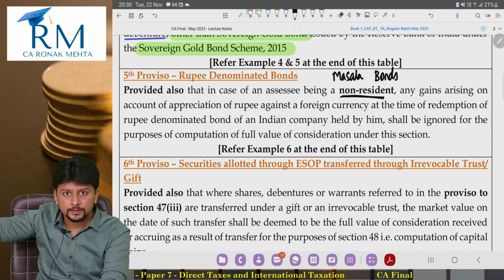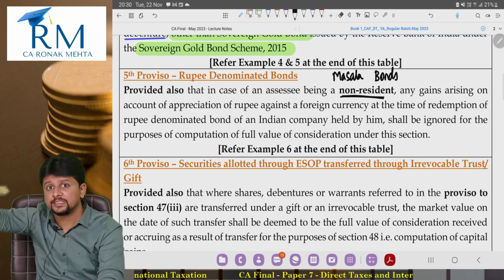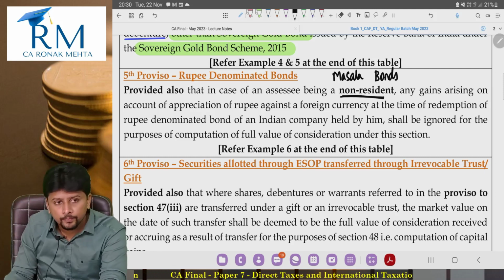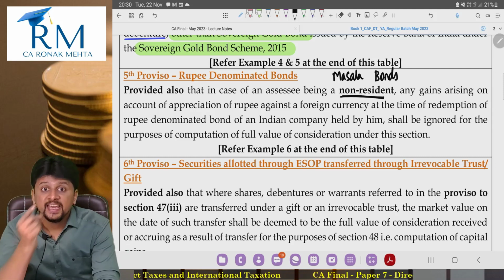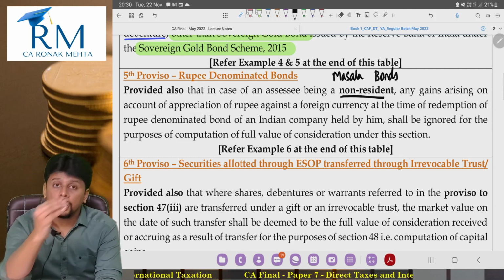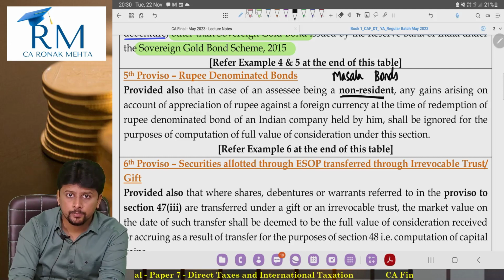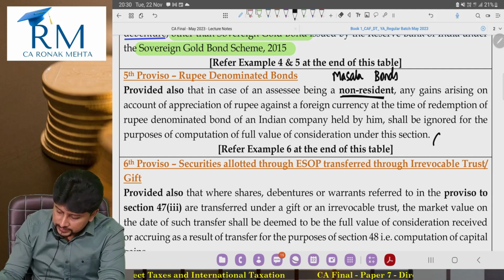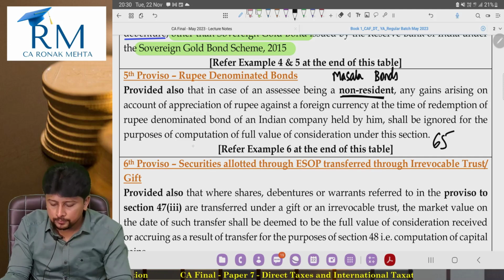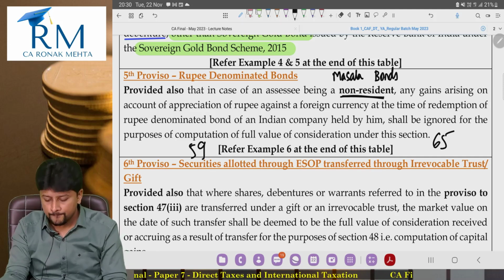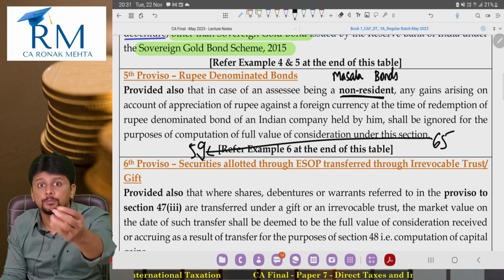When redemption happens, $1 has become 70, 65 has become 70, so the rupee has depreciated and the dollar has grown stronger. But there was a time when the rupee was appreciating. So I purchased the rupee denominated bond when the exchange rate was 65, and at the time of redemption the exchange rate becomes, for example, 59. So now when the rupee appreciates, I will earn some profit.